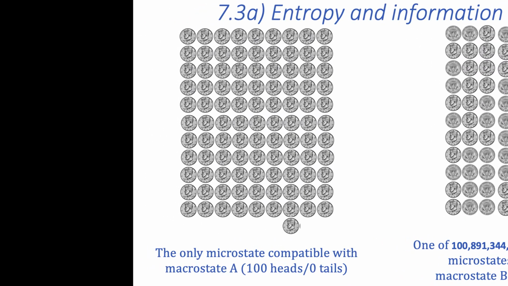For the macrostate consisting of 100 heads and 0 tails, there is exactly one possible microstate, so our knowledge of the system is complete as we know the condition of each coin.